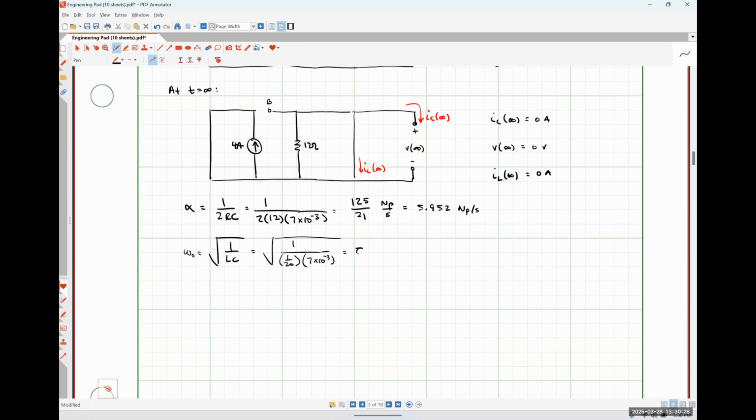And I get 53.452 and some change radians per second. For what it's worth, I'm now going to store that guy in my calculator as B, and I'm going to store this guy in my calculator as A for a little bit later.